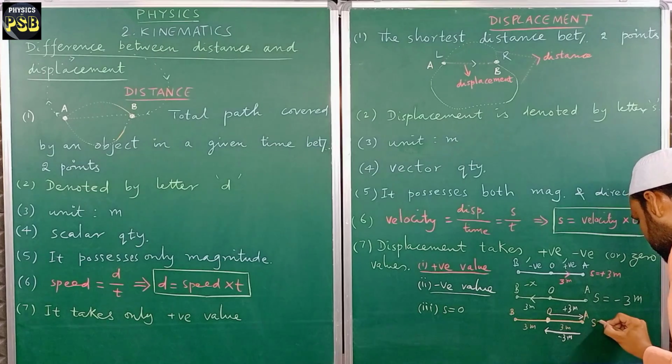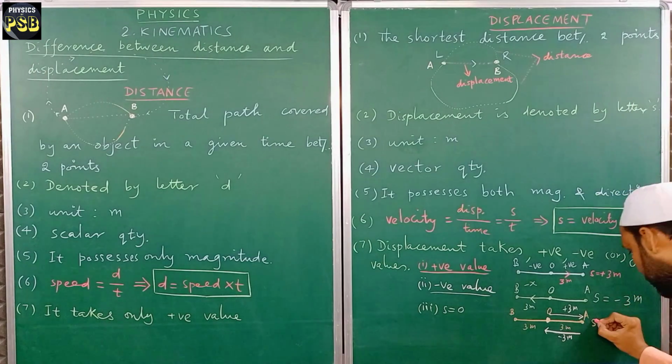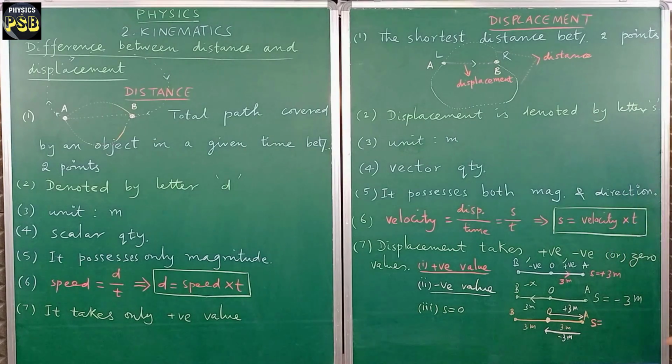Okay, what is so? Here, let me change the color for better visibility, to avoid confusion. So S will be equal to the total displacement. Displacement is obtained by adding the distance traveled by the object, OA, then AO. See what I get? Look at this carefully.